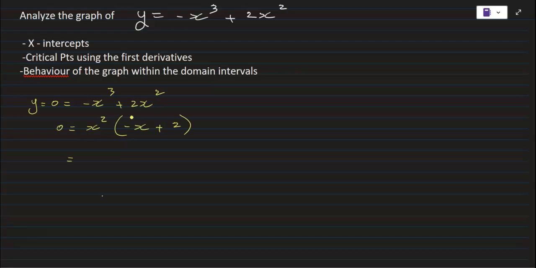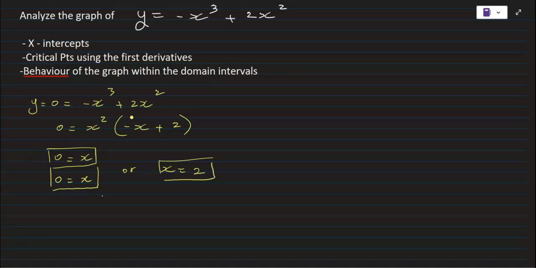In here we notice two solutions: x equal to 0, and you can write it twice, or you can just make a mention of that. That is actually a double 0. And then the next solution is x equal to 2.